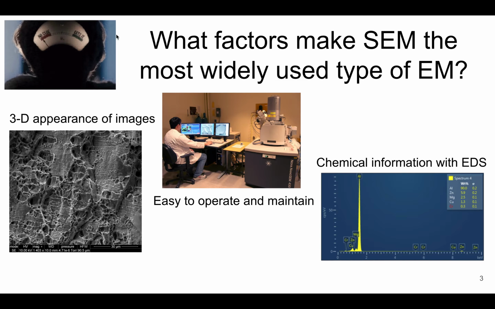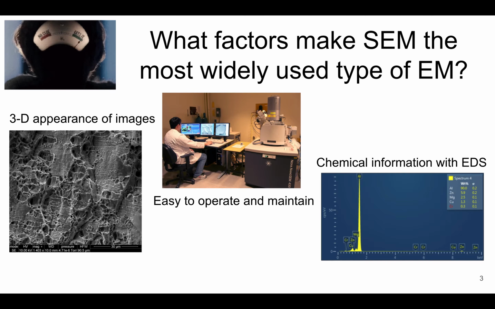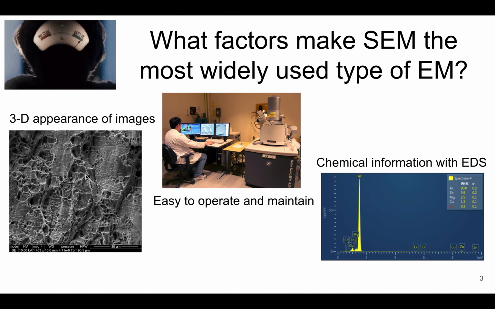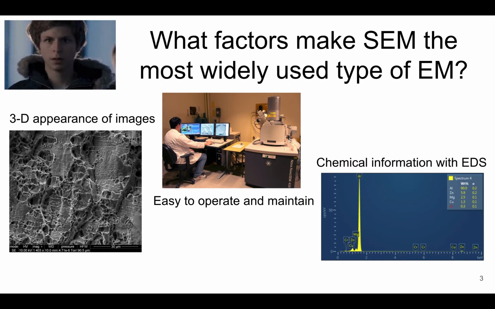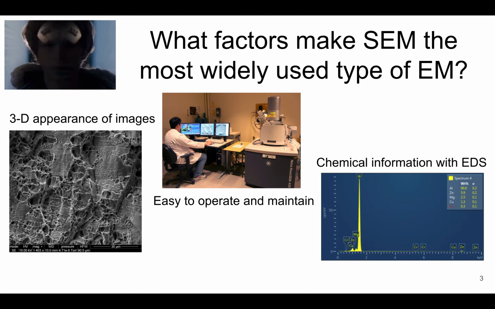So the first one is 3D appearance of images. If you've ever seen SEM images, you might have noticed that it actually looks like it's a 3D picture, right? This is produced because in SEM, we have a large depth of field.